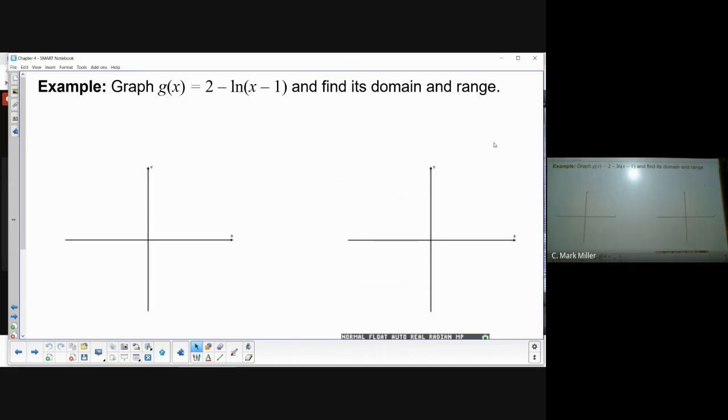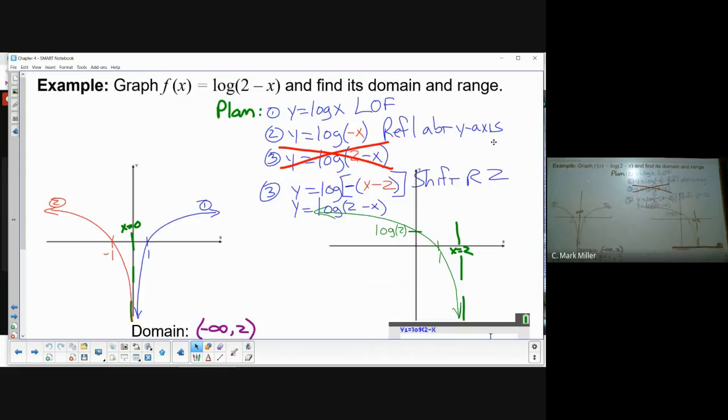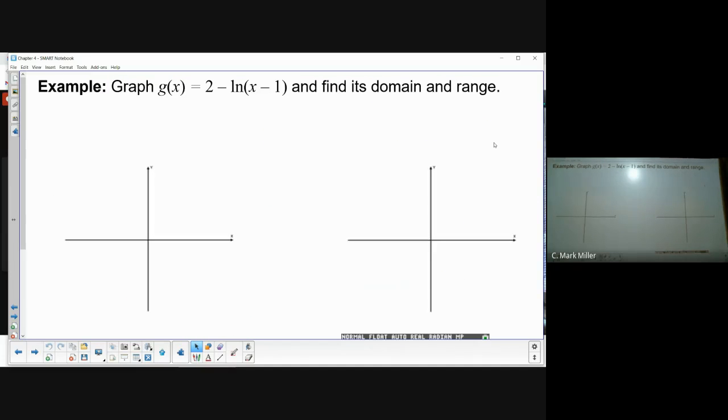Moving on. We left off on this problem. We were graphing these log problems, right? And as with every graphing problem we've done almost this whole semester, you come up with a plan.